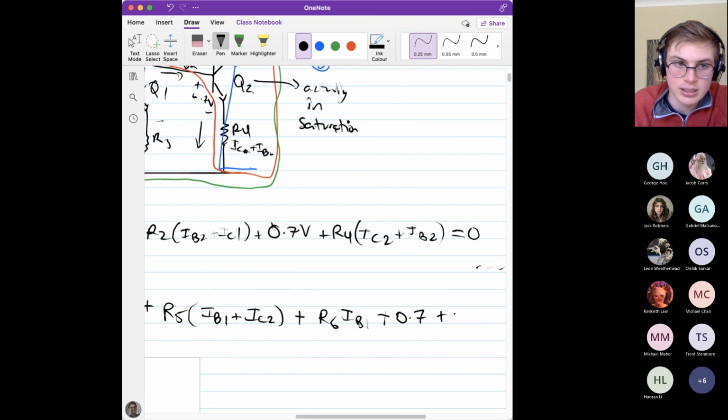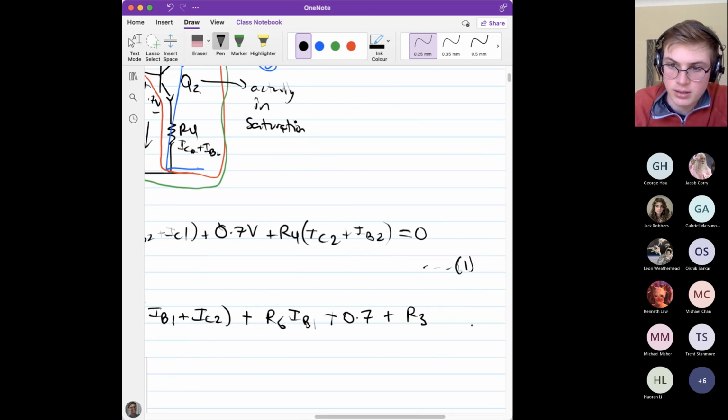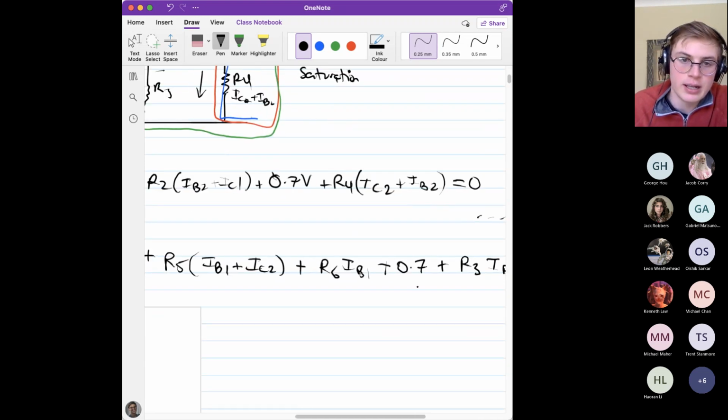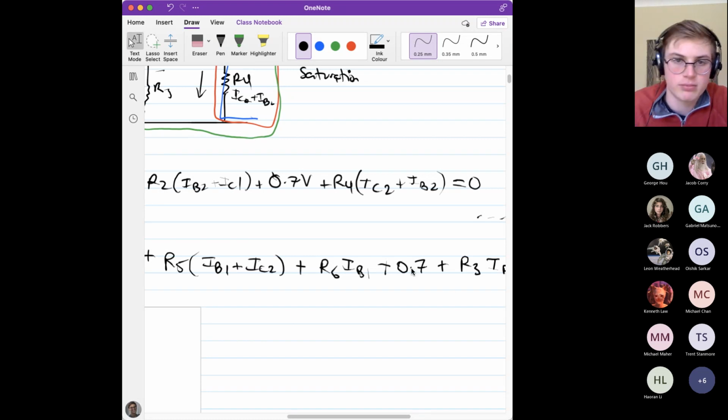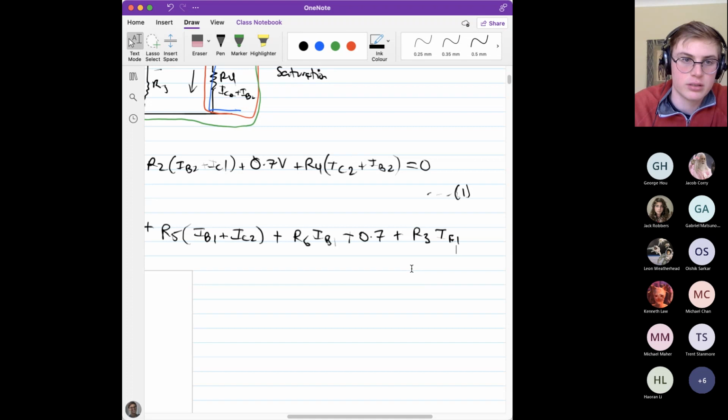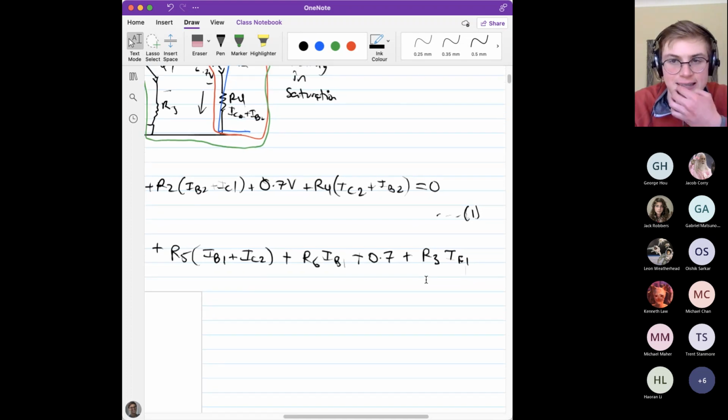And then finally, it's going to be R3 times IE1. Now, there are a few equations that we can use to remove some variables. So can anyone remember what relates the base current and the emitter current, assuming that we're in saturation? Thank you, Oshik. Yeah, your choice of loop is actually kind of important here.